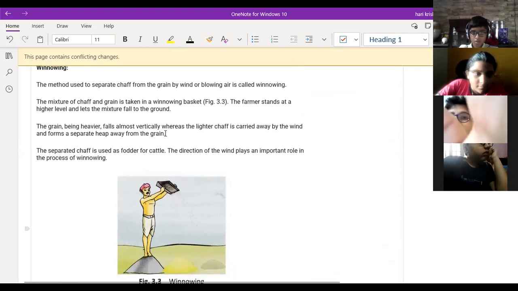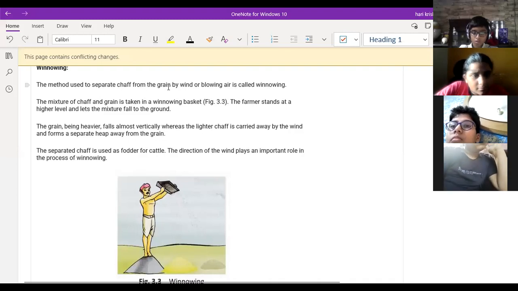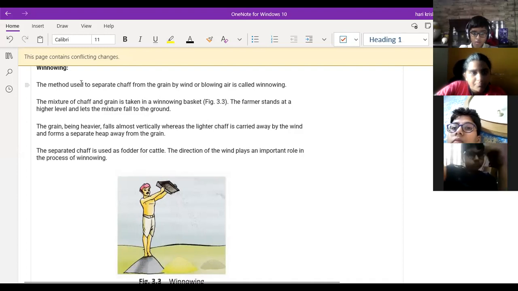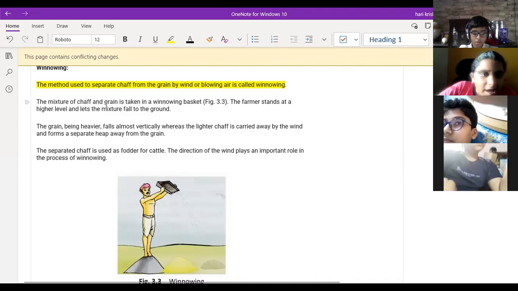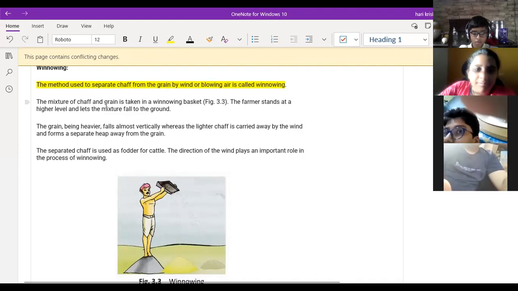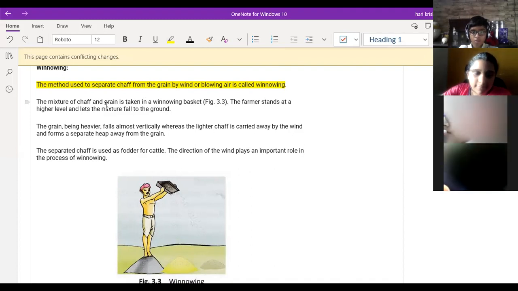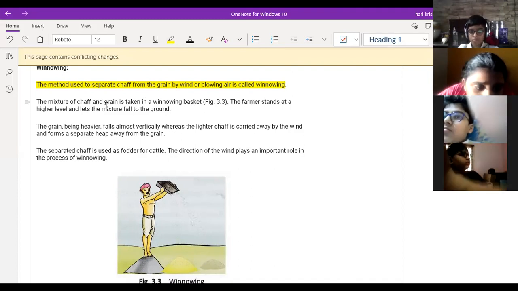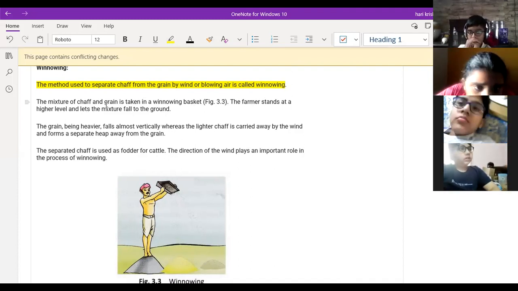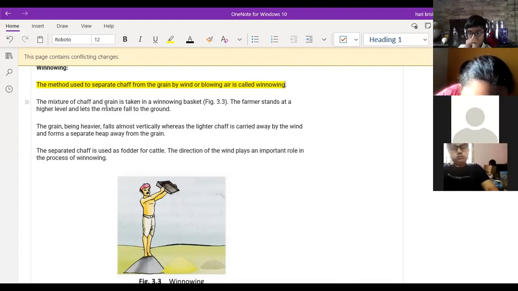So what is the main method of winnowing? The method used to separate the chaff from the grain by using the wind or blowing air is called winnowing. What is winnowing? Sir, separating chaff from the grain by wind or blowing air is called winnowing.